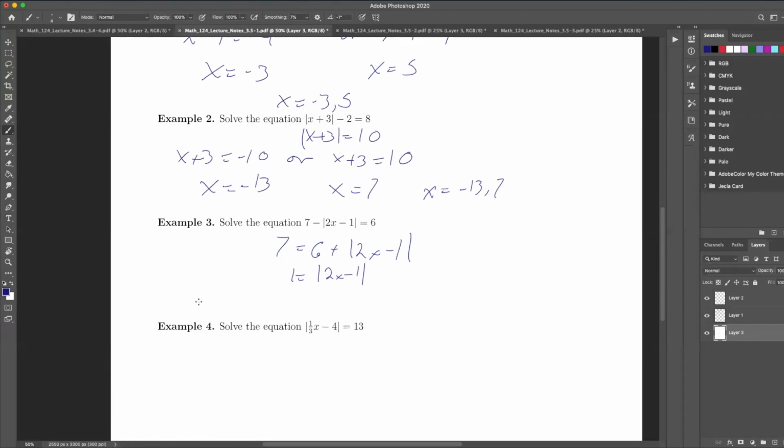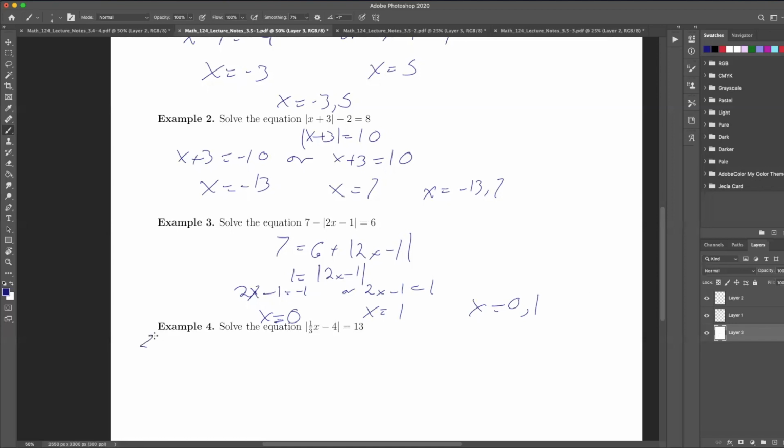That means 2x minus 1 is equal to negative 1, or 2x minus 1 is equal to positive 1. In this case, x is equal to 0. And in this case, I get x is equal to 1. And so we have our answers of x equals 0 and 1.